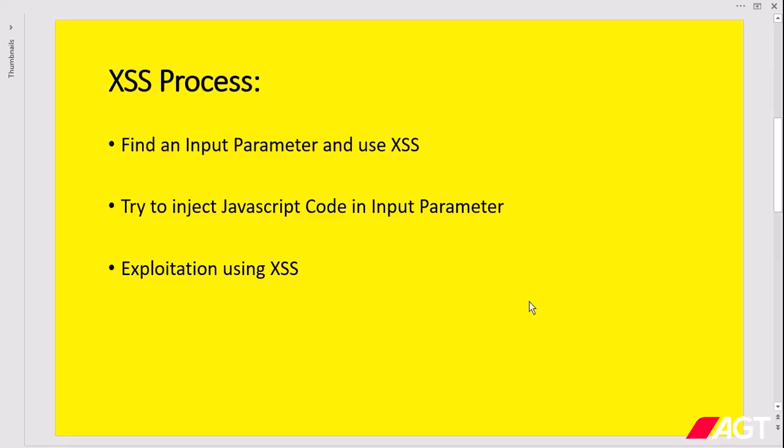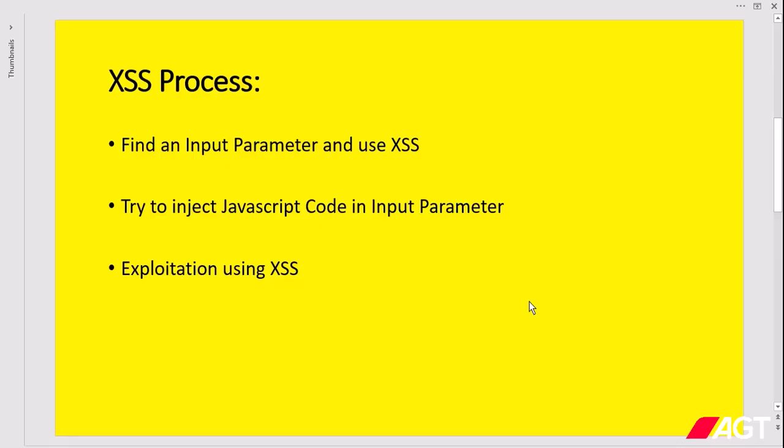So let's talk about the process of XSS. First of all, we will find an input parameter and then we will try to run an XSS script in that input parameter. What I mean by input parameter: if you visit an e-commerce website, you will find a search bar to search for different products. So we will try to run XSS on that search bar, okay?